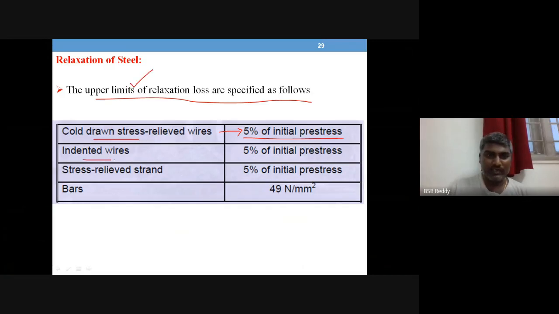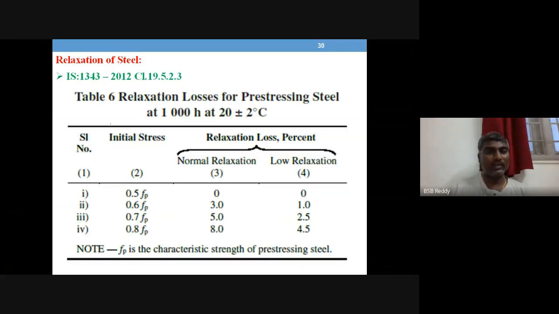Even indented wires, stress relieved strands, and if it is bars, there is a value given, not in terms of percentage. It is 49 Newton per mm square. Okay, right. And coming to the IS code, what does it say on relaxation losses?